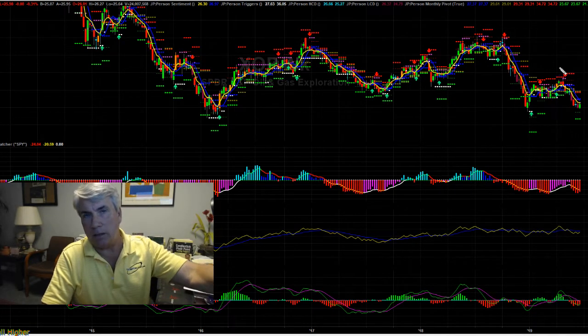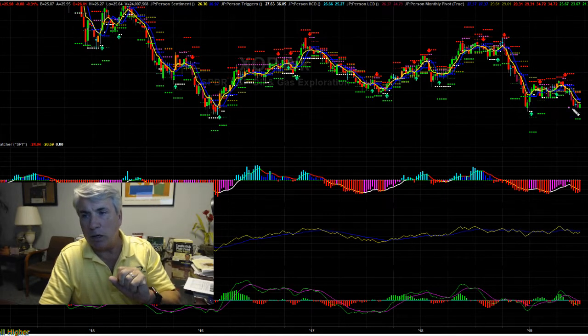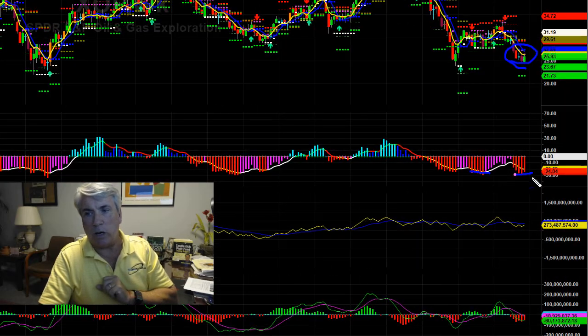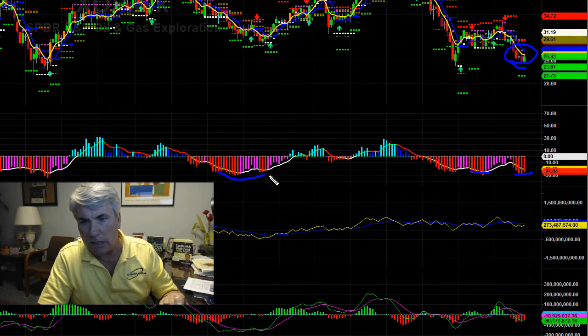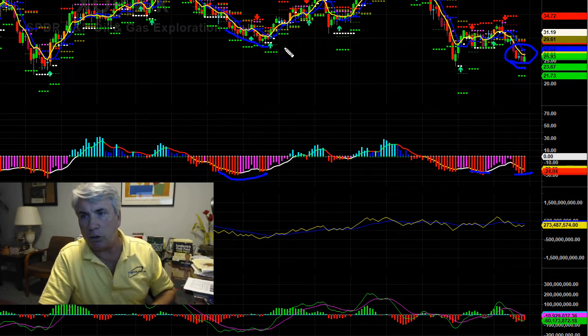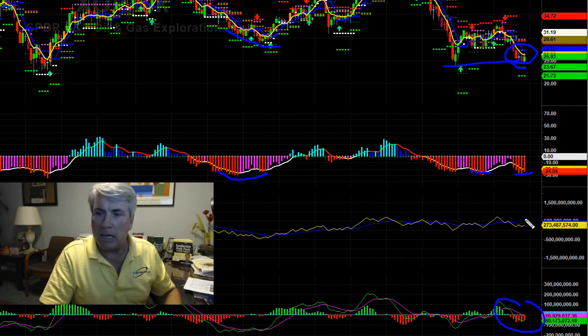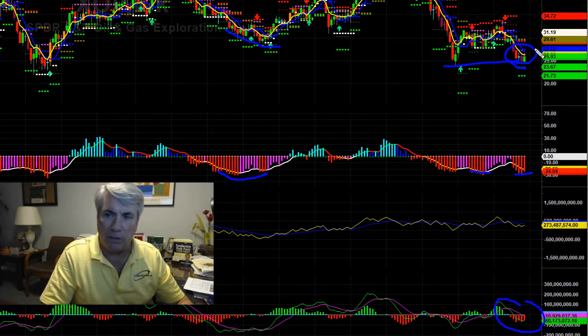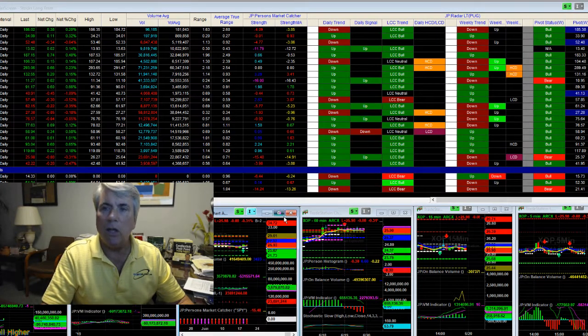Divergences at the top of those others, the utilities and the Vanguard IYR, and I'm starting to see a potential bullish sign here. The relative strength, while it's not turned bright blue or fuchsia, is starting to show a little bit of convergence here, and that's positive. This is my volume indicator, and it hasn't flipped positive yet, but we want to be watchful of it because we're starting to see that stall.